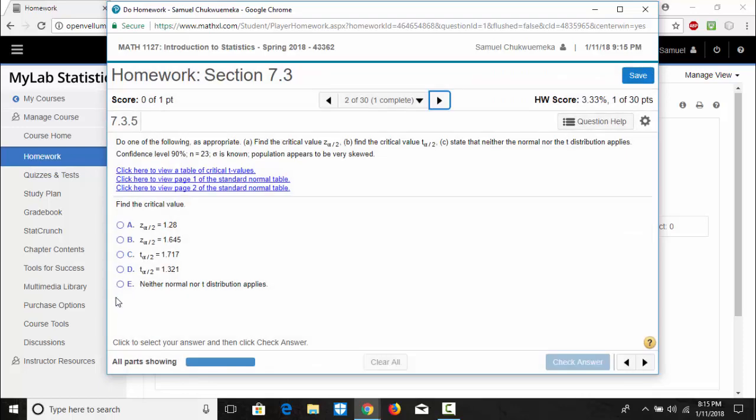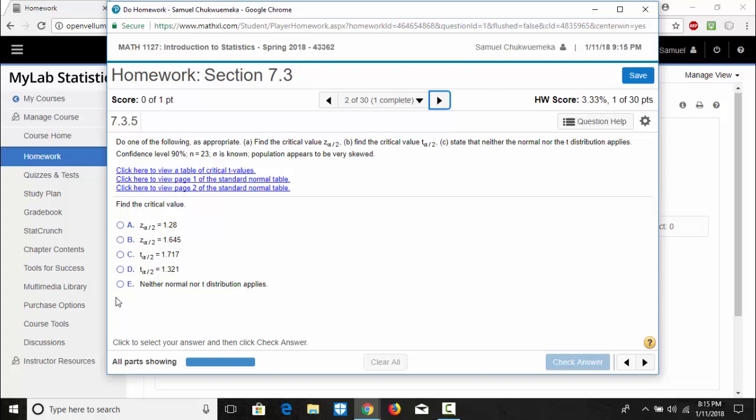Question 2. Do one of the following as appropriate. A. Find the critical Z value. B. Critical T value. C. State that neither the normal nor the T distribution applies. So let's say this here.